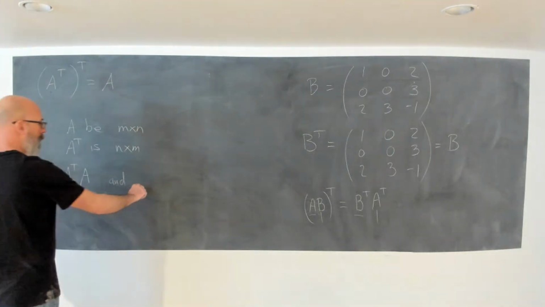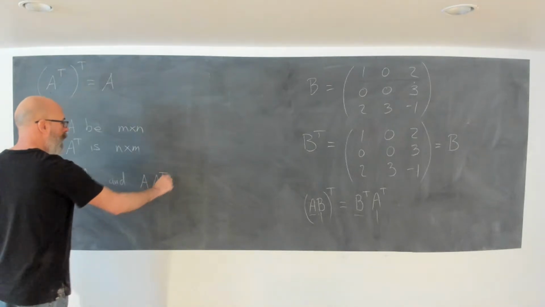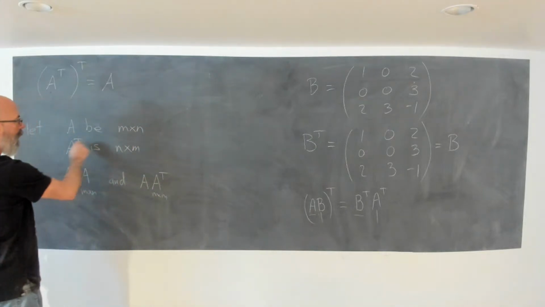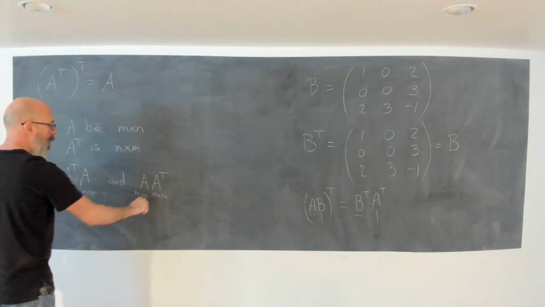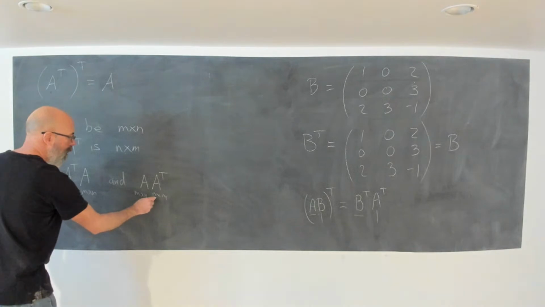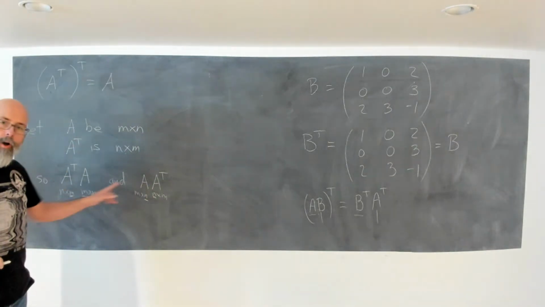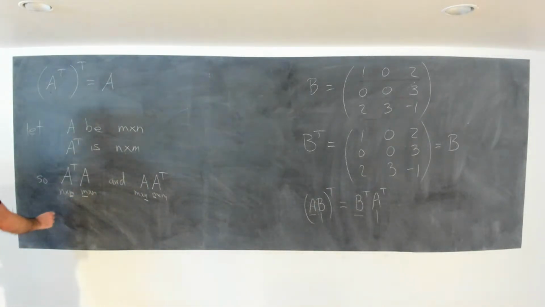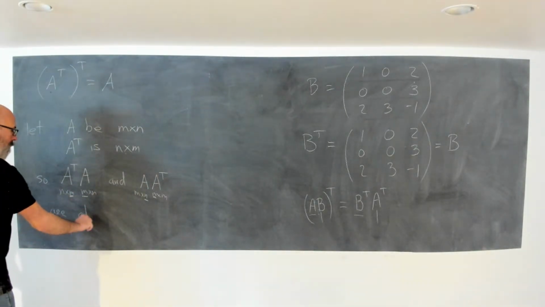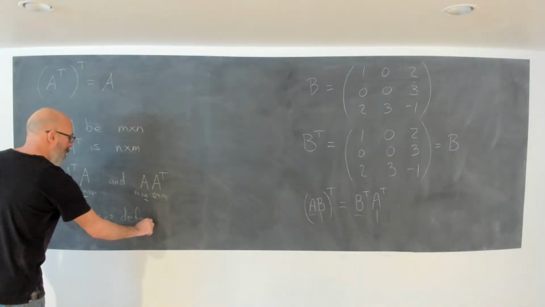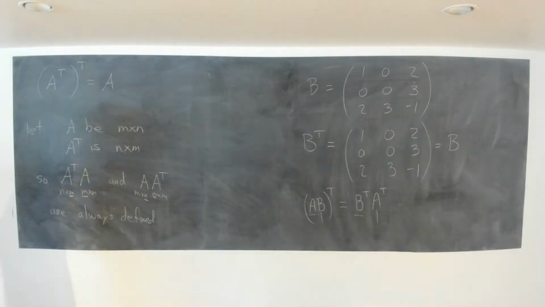And similarly, A times A transpose is M by N times N by M. These agree. Both of these products are always defined, and they're always square.